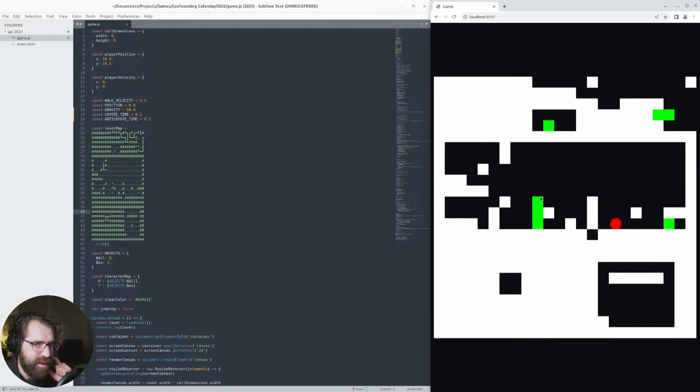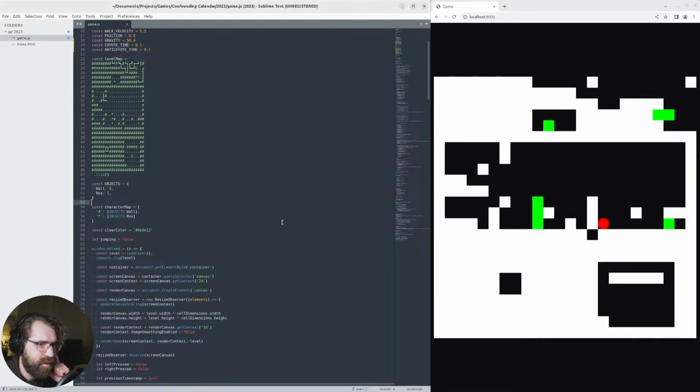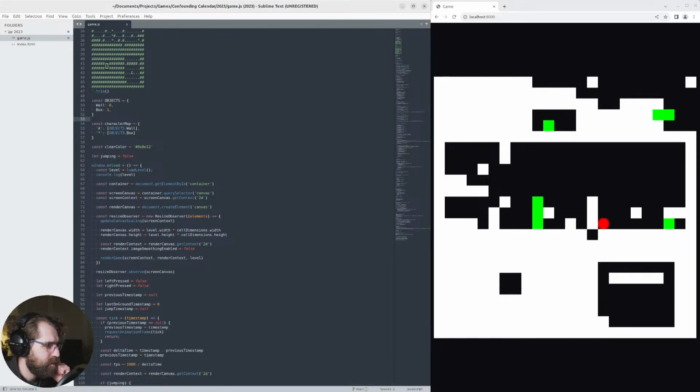I was doing this a lot, wasn't I? And I stood in the corner. The velocity must have gotten really high somehow. How? Weird.